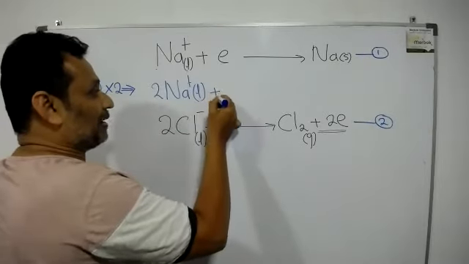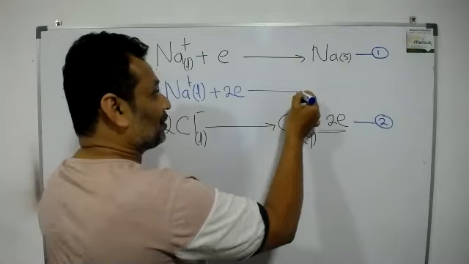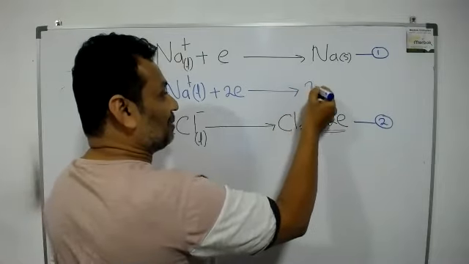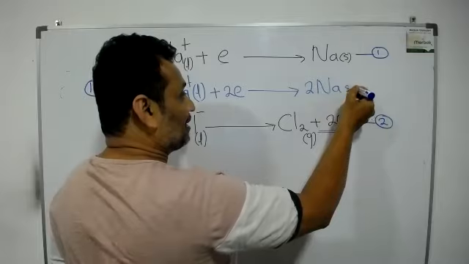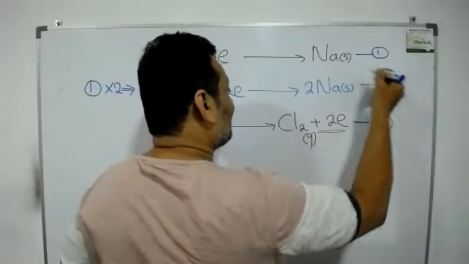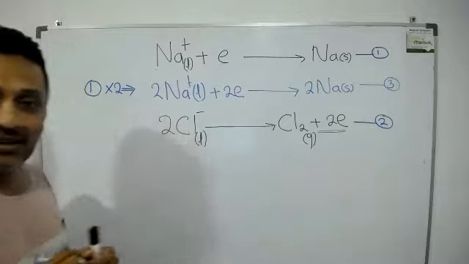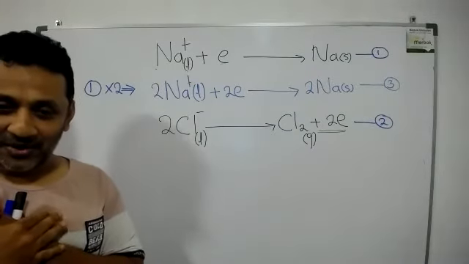Electron multiplied by 2, 2 electrons. Na solid multiplied by 2, 2 Na solid. This is going to be the third equation. Are you clear?